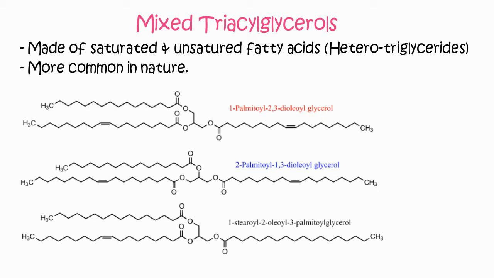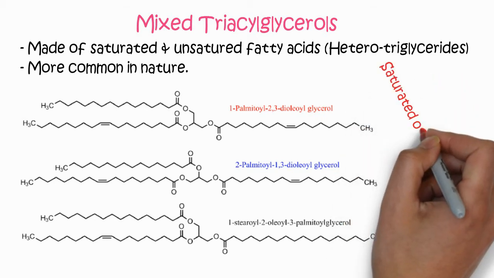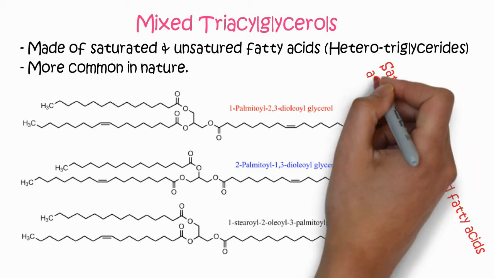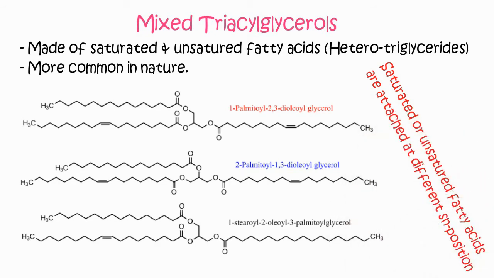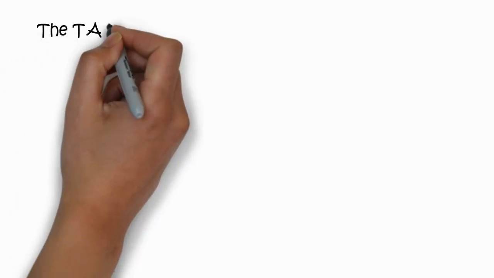You can see these 3 examples: 1-palmitoyl-2,3-dioleoylglycerol, in which position 1 has a palmitic acid, and positions 2 and 3 contain oleic acid. The second example has a palmitic acid at position 2, and positions 1 and 3 contain oleic acid. The third is 1-stearoyl-2-oleoyl-3-palmitoylglycerol.